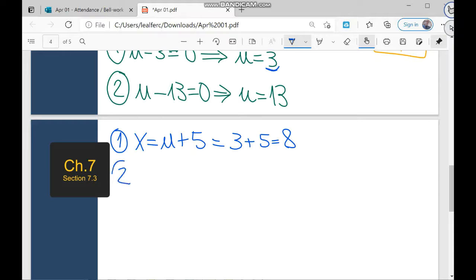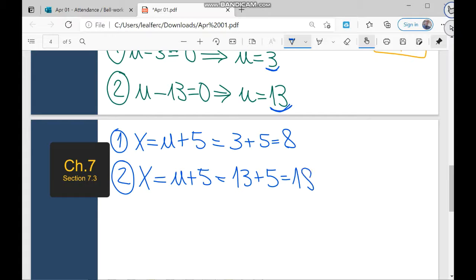And the second answer is x equals, again, u plus 5. For the second solution, we have 13 plus 5 equals 18, right? The answers are x equals 8 or x equals 18.